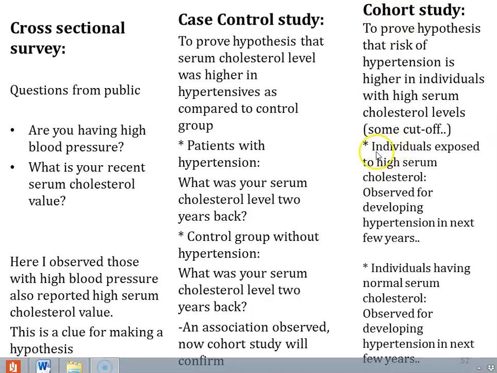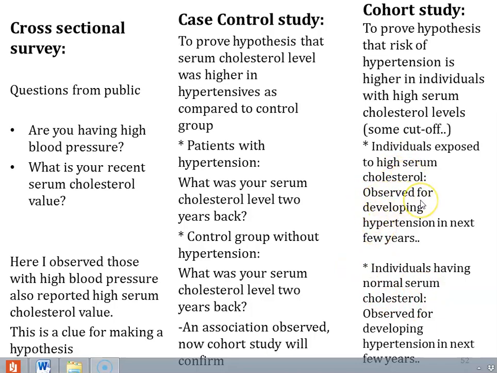So I will assess who in this population, who in this cohort has high cholesterol and who has normal. So I will make two groups. I will enroll them in my study.